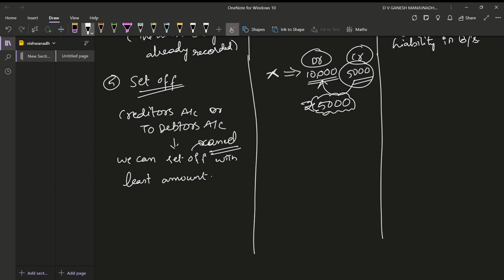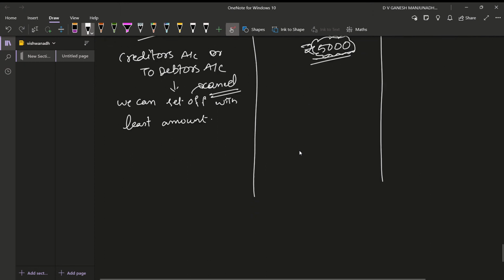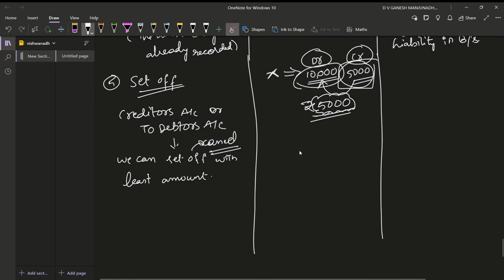That means if X is a debtor for 10,000 rupees and X is a creditor for 5,000 rupees, then from the net entry we can say that X is a debtor for 5,000 rupees. That means we can ignore 5,000 from X and we have to receive only 5,000 from X.